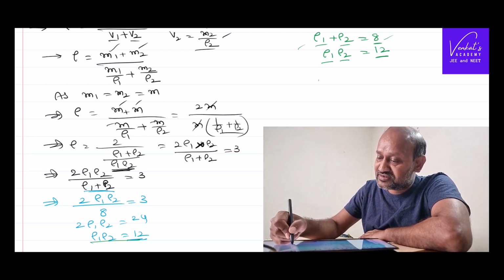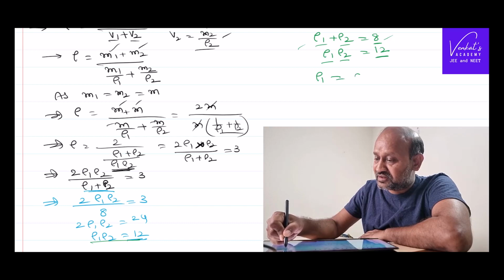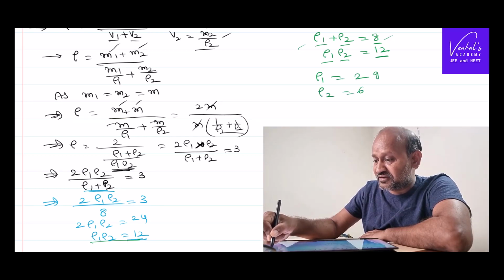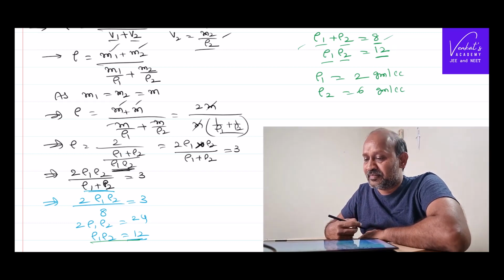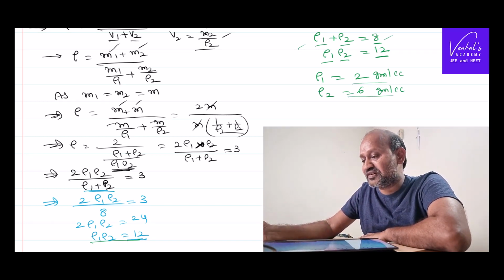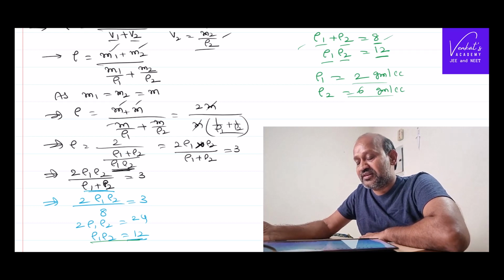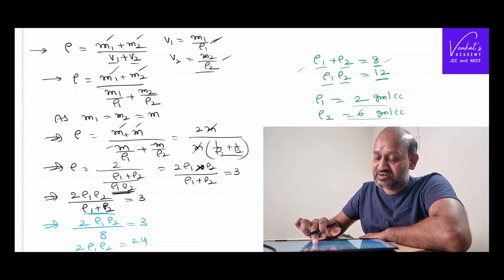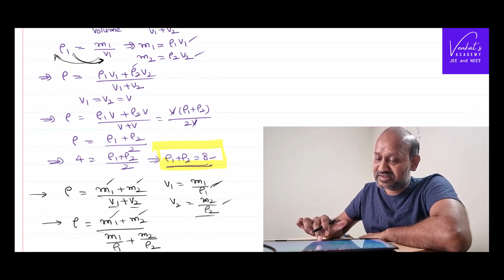What are the values? You can guess, of course. Rho 1 is 2, rho 2 equal to 6. Of course, whatever may be the basic units that were given for you, gram per cc or so. So these two values, 2 gram per cc and 6 gram per cc, satisfy these two conditions. So you can solve the problem in this way.